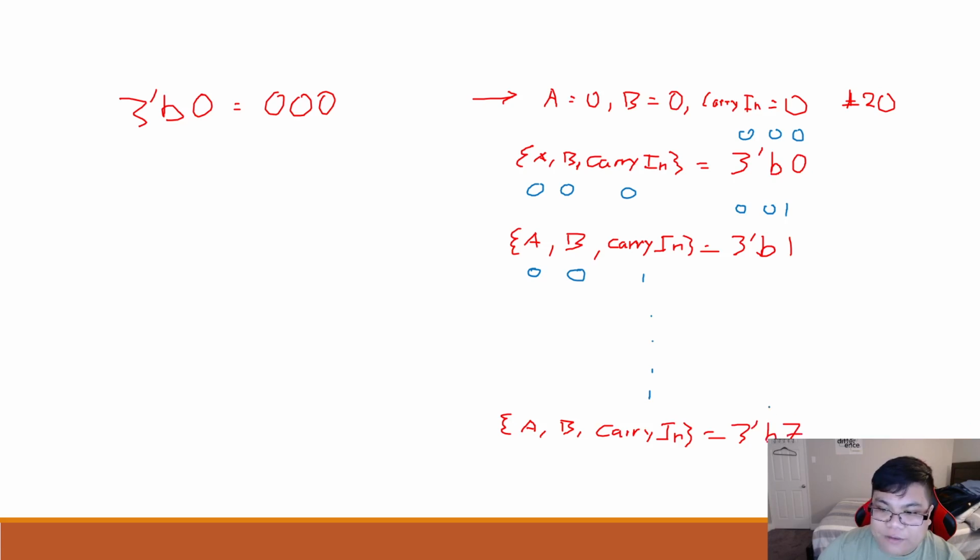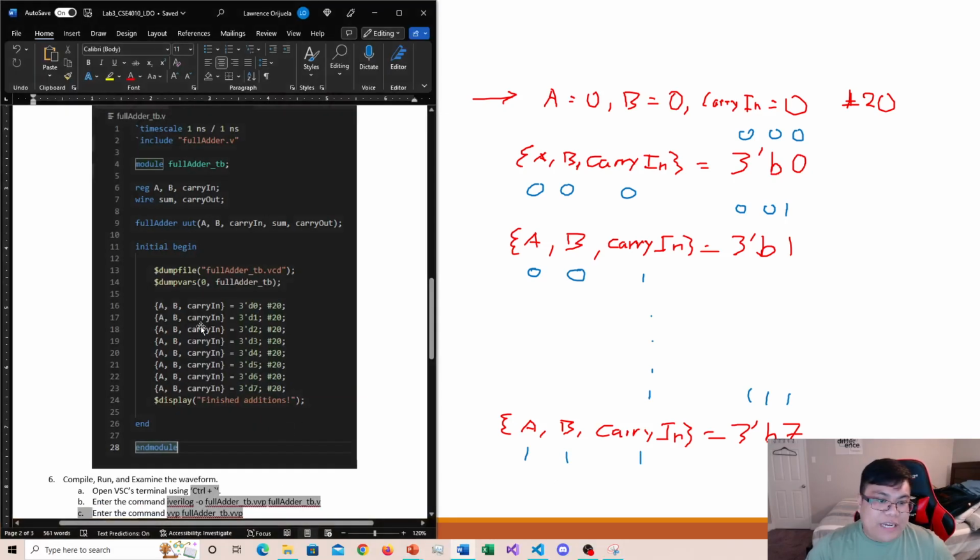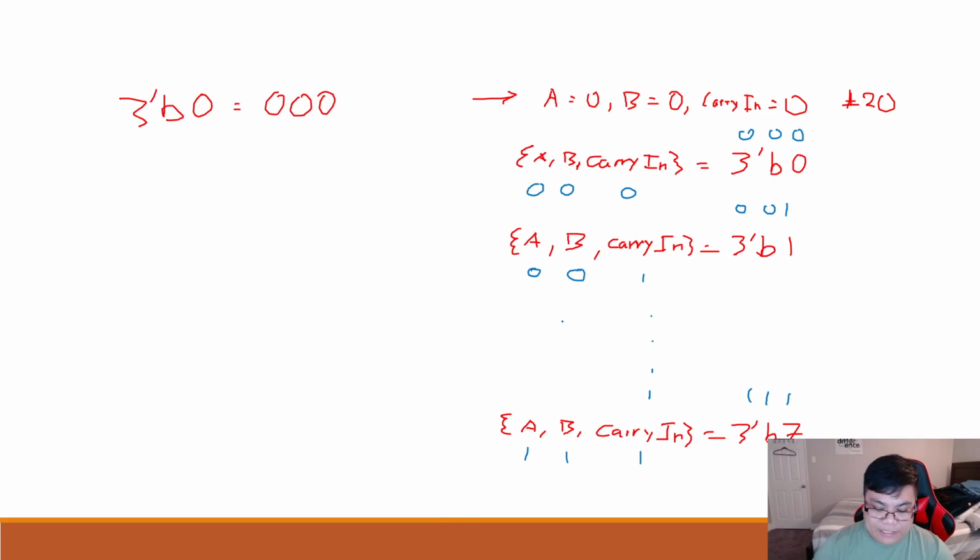The decimal value 7 represented in binary would be 1, 1, 1. So I'm saying set A equal to 1, set B equal to 1, and set carry in equal to 1. So by using this shorthanded notation in Verilog, I cover every combination of the 3 inputs A, B, and carry in, as you also see in the PowerPoint here.